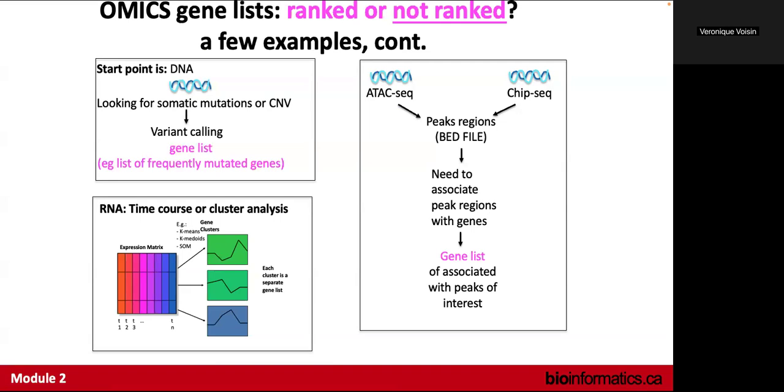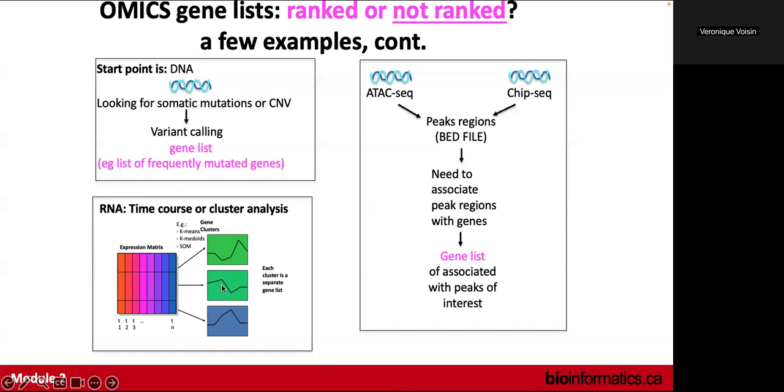Here's an example of another experimental design, a time course, for example in developmental biology. We have collected our samples at different time points, and we are going to use some clustering algorithms to group the genes that have the same profile. Therefore, each cluster or group is a gene list.